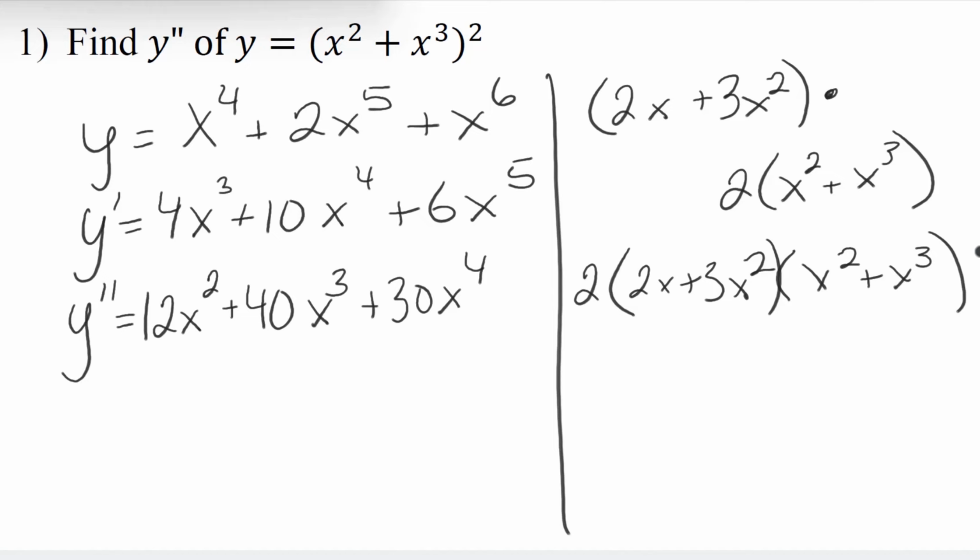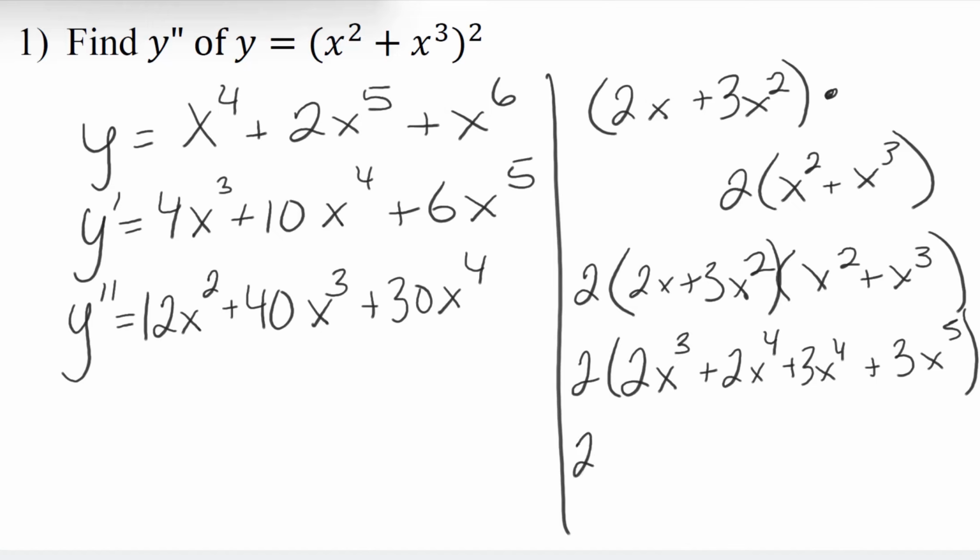So at this point, yeah, we have to do the second derivative of it. You could do the product rule for it, or you could distribute it out and multiply and do it out. So at this point, yeah, just distribute it. So we get, yeah, now I see it. So we get 2x to the third plus 2x to the fourth plus 3x to the fourth plus 3x to the fifth.